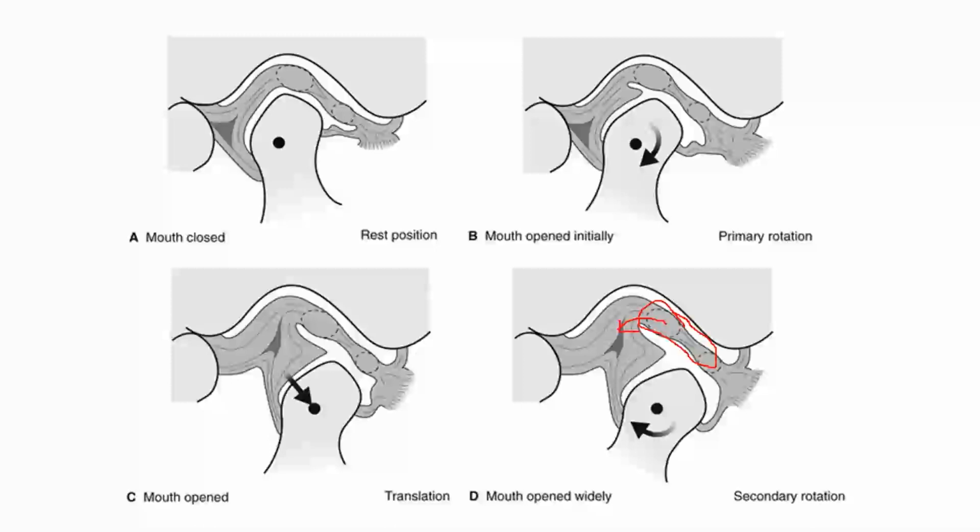When this happens, the condylar head moves back into the joint before the articular disc is there to protect the mandibular fossa. What happens is we have a loud popping sound and then pain. It's uncomfortable, it's painful, and this is what we call TMJ dysfunction.